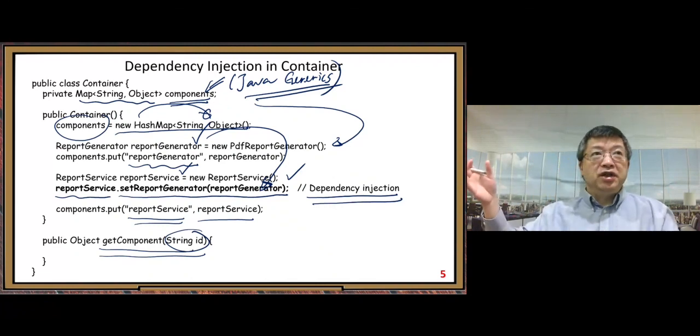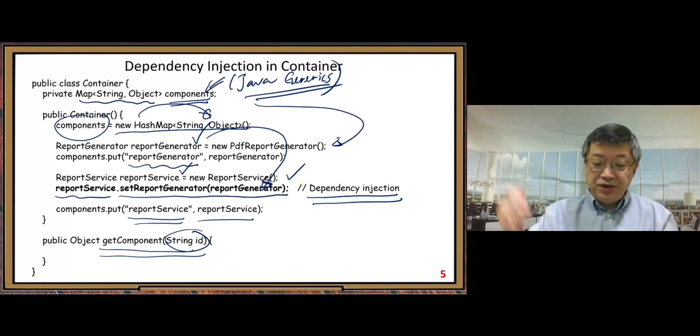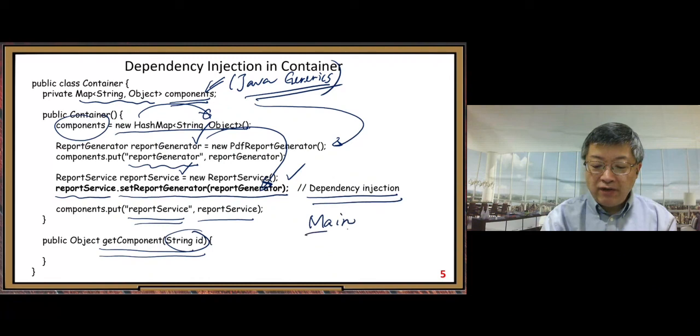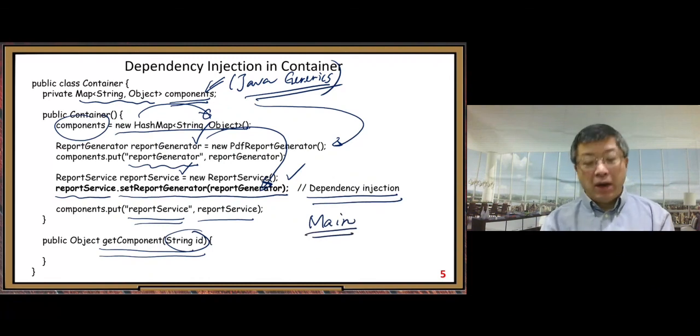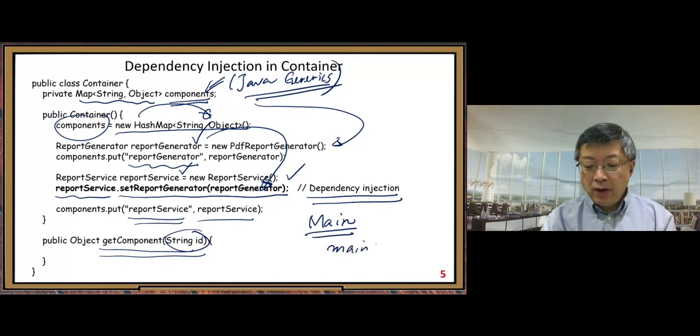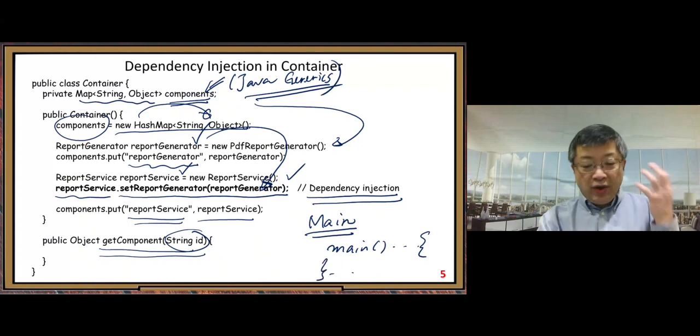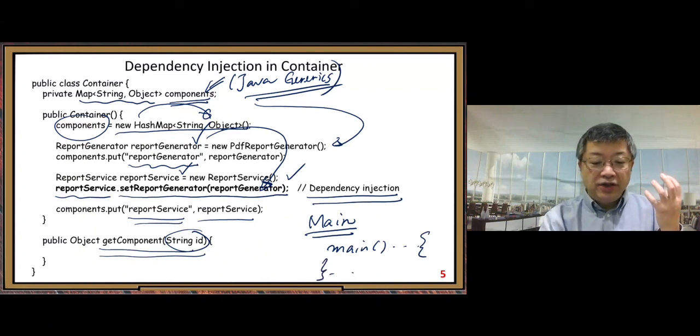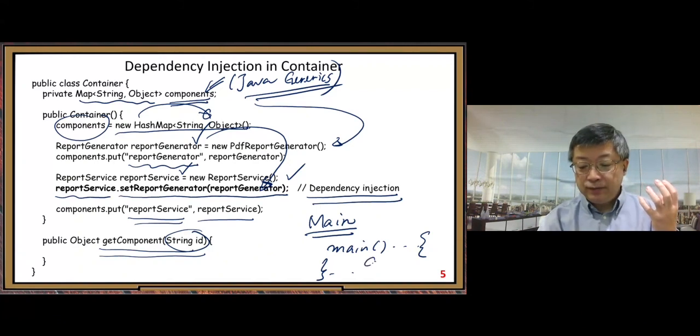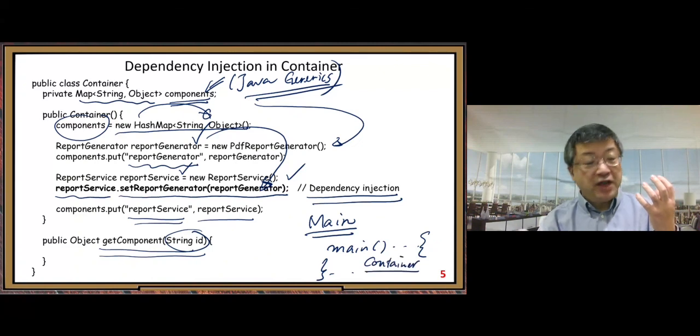How to use it? Here, you do not see how to use it. Use it in our main class. Remember, we have a main class, and in it we have a main method. In our main method, we get a container instance, a static instance.